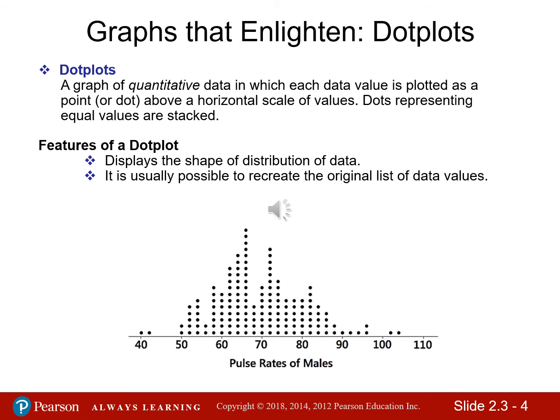For example, from this dot plot, we know that the original data set had one value of 40, a data point at 42, 2 data points at 50, and 5 data points at 52, and so on.